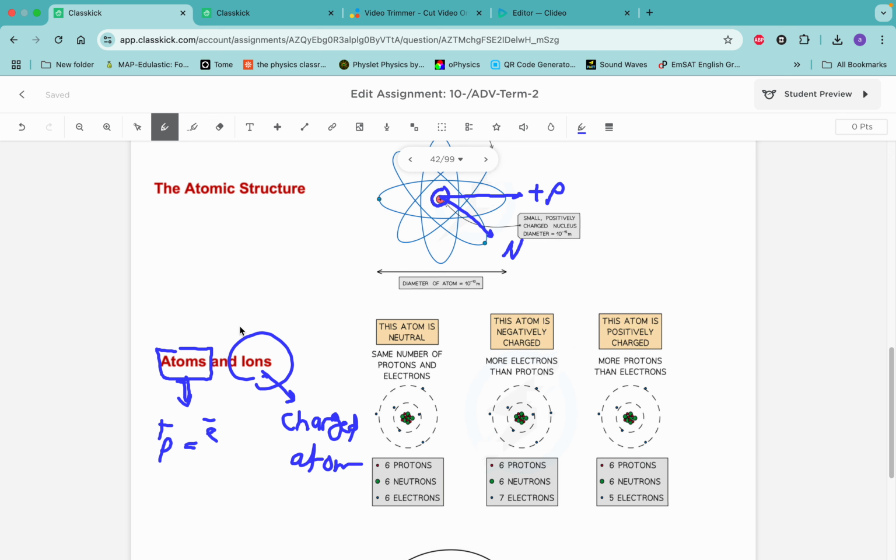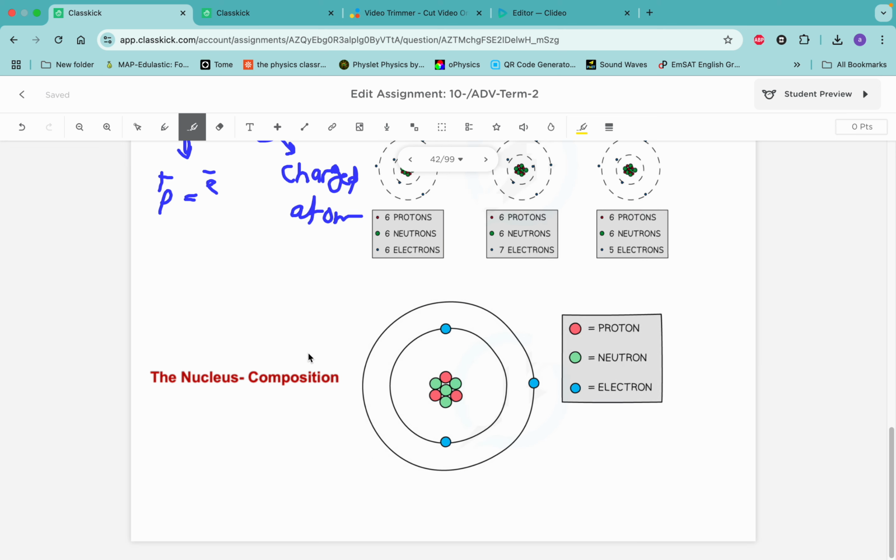This means it could lose electrons and become a positive ion, or gain electrons and become a negative ion. So if the number of protons is greater than the number of electrons, it will be a positive ion. If the number of electrons is greater than the number of protons, it becomes a negative ion.